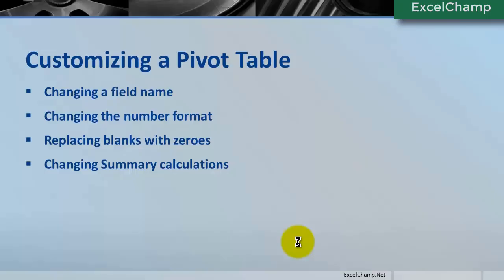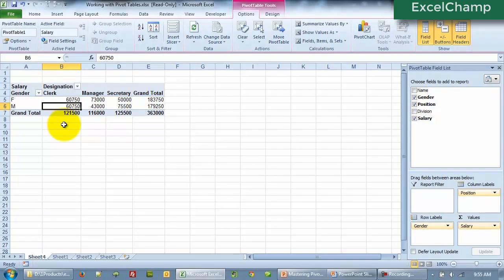Next, let us look at how to change the number format. In a pivot table, a numeric field can be formatted in currency, percentage, or any other number format that you want. You can easily change the formatting of the numeric fields using the value field settings dialog box.